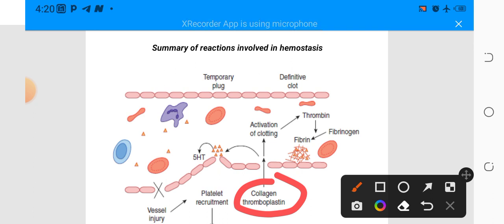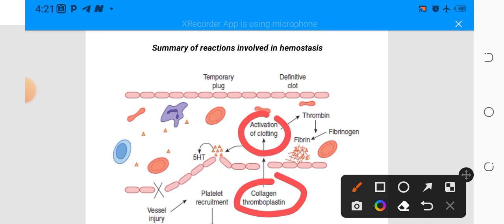Collagen is one of the largest proteins found in man in terms of concentration. There's also thromboplastin, which is called a tissue factor. These are very important because they are going to activate the platelets.